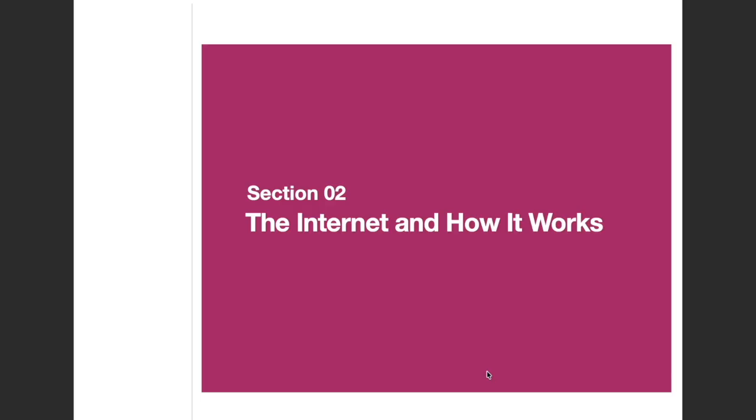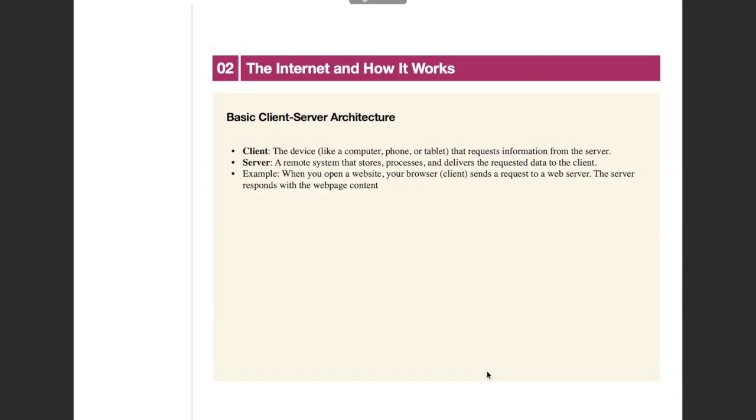Now, let's talk about the backbone of everything we do, the client server architecture. Most people think the internet is a cloud, but in reality, it's a conversation. The client is the requester. It's your browser like Chrome, Safari, Microsoft Edge, or even a smart fridge saying, "Hey, I want to see this page."